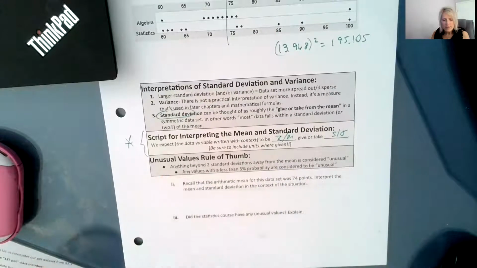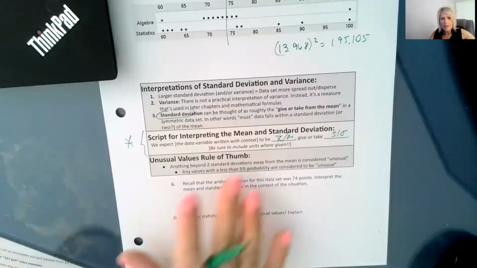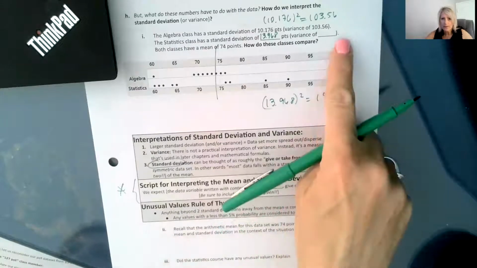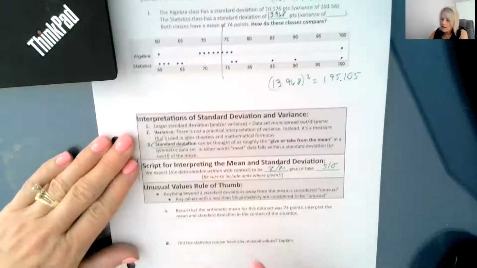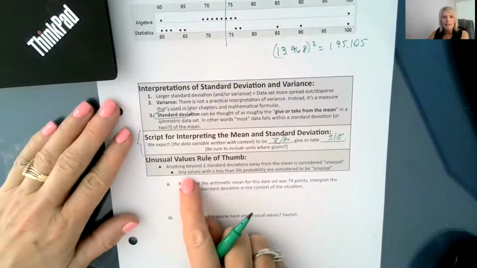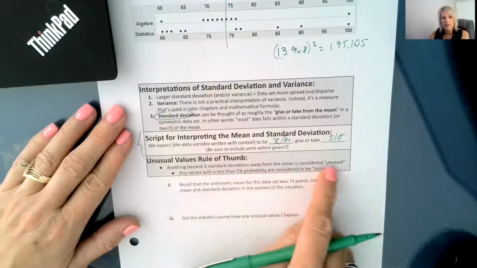What might we consider an unusual value? Okay, so you might have already been thinking, wow, these people that scored 100 up here seem pretty unusual because most of the data is falling in this area. So to be considered unusual, anything that is beyond 2 standard deviations away from the mean is considered unusual.